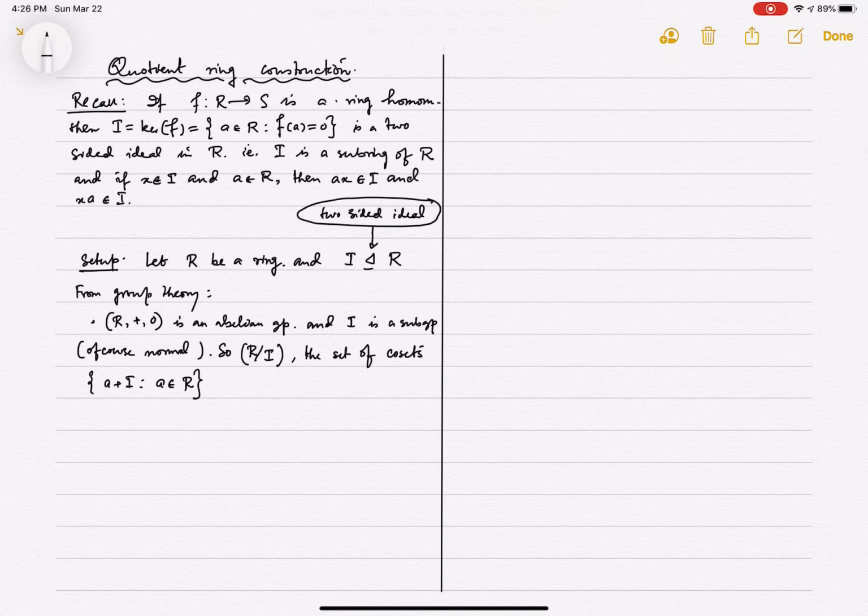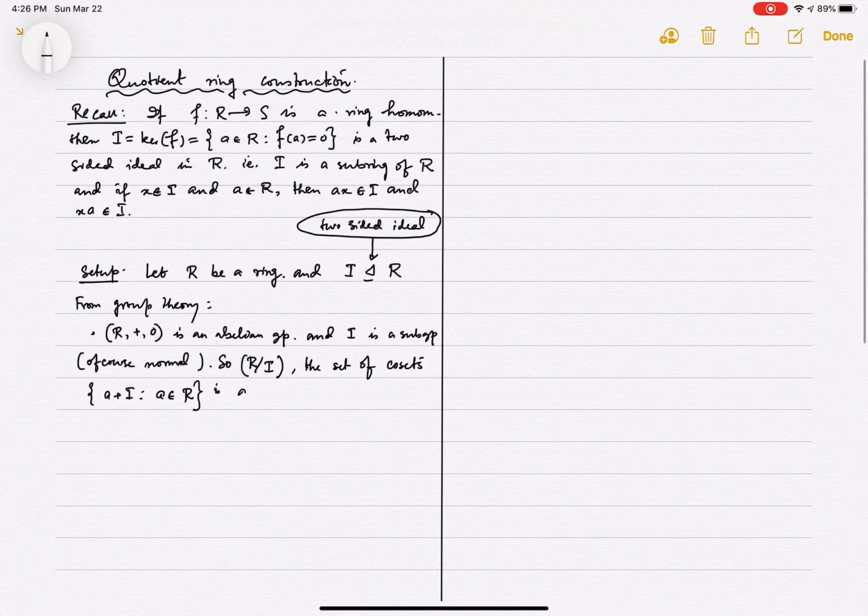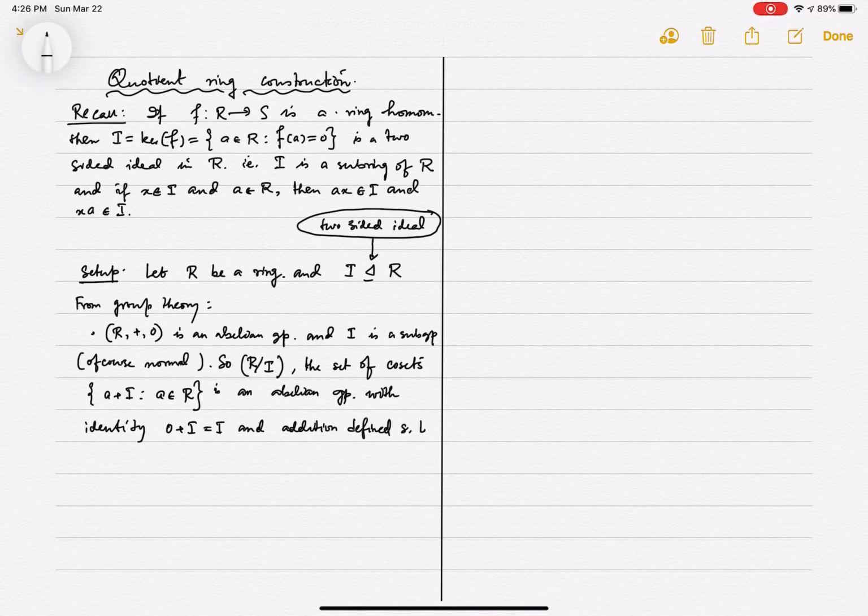That does make sense as an additive abelian group, with identity 0 plus I, and addition defined such that when you add a coset A plus I to another coset B plus I, you get the coset of A plus B. And this is for all A, B in R.